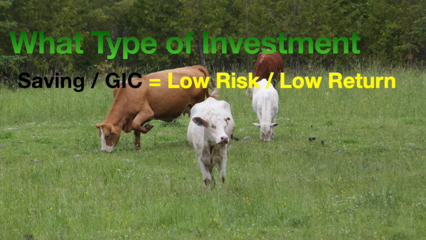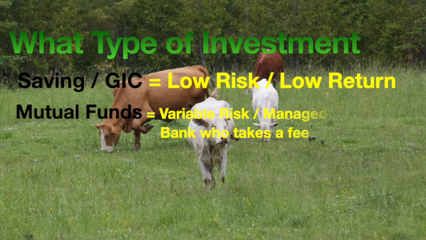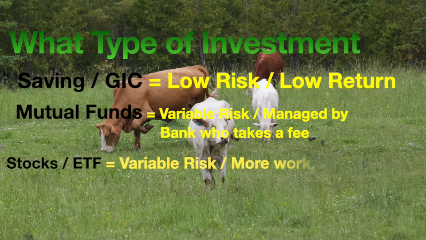It can grow, but has some risk, and the bank will take a couple of percent each year for their work on it. If you buy stocks or ETFs, exchange traded funds, the money is put into just one company or one sector. If that company or sector does well, so does your stock or ETF, but it is more risky and you must do the research and trading yourself.